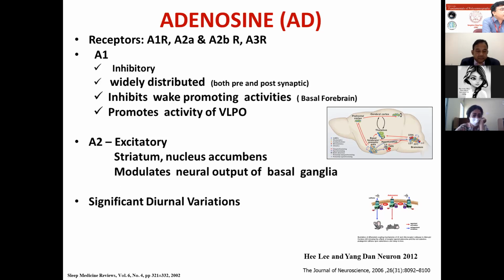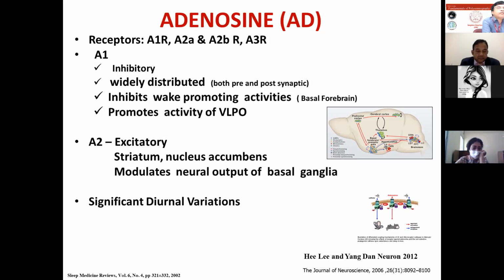A1 receptors are widely distributed at both presynaptic and postsynaptic areas. The action of the A1 receptor is that it inhibits the wake promoting activities of the basal forebrain, and it promotes the activity of VLPO.